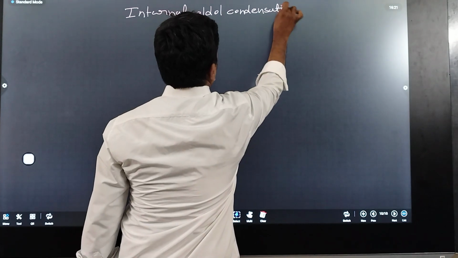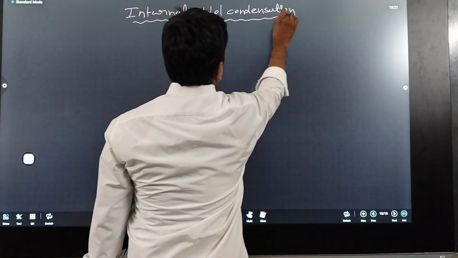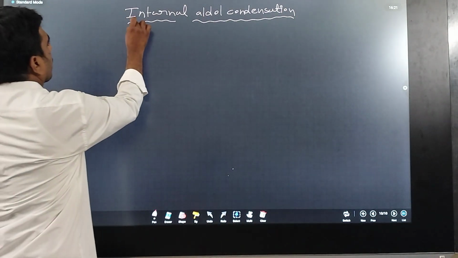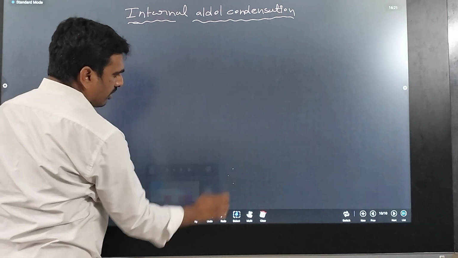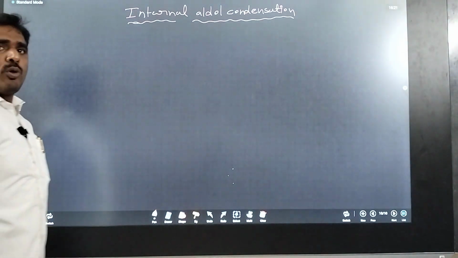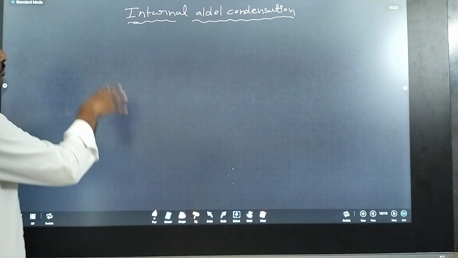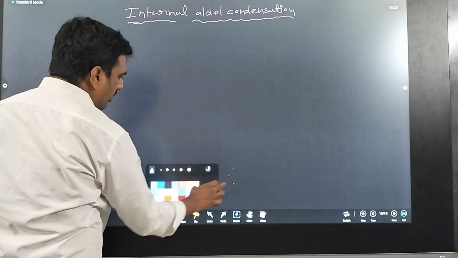Here, in a single compound, the base can accept the proton and nucleophilic addition takes place in the same compound. So that's why this reaction is called internal Aldol condensation.